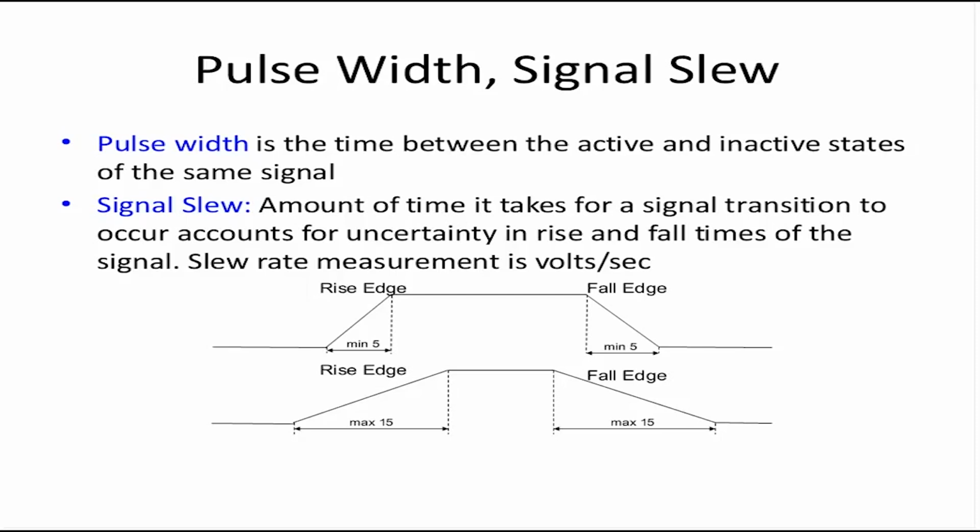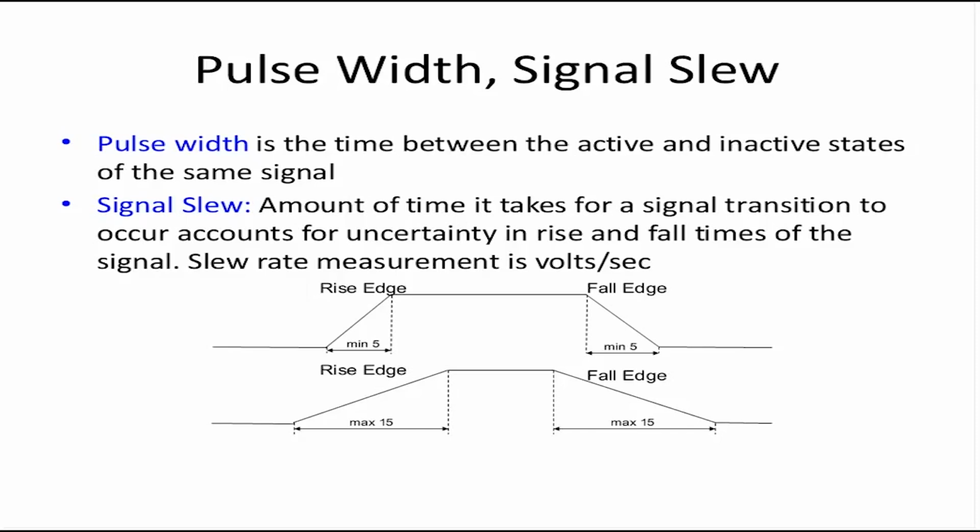This check is independent of setup and hold, right? So if you do report constraints, this report will tell you all the setup violations, all the hold violations. It will also tell you all the min pulse violations.